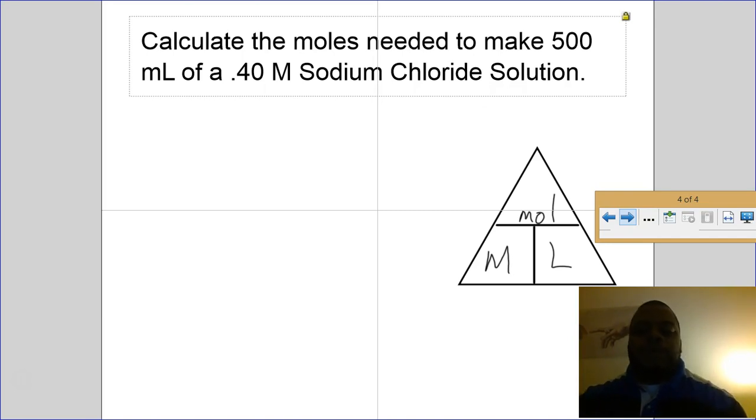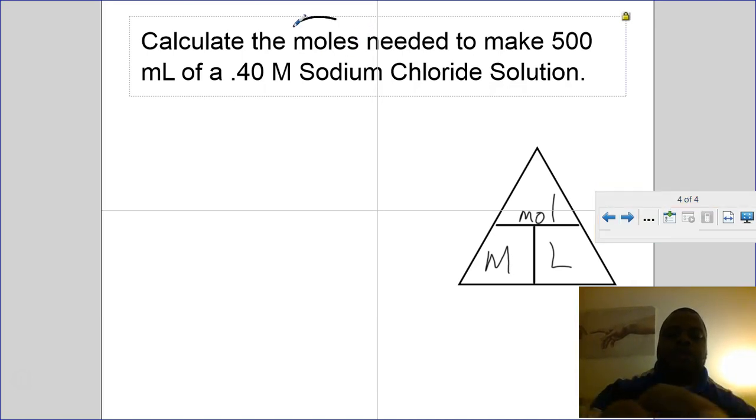So calculate the moles needed to make 500 milliliters of a 0.4 molar solution of sodium chloride. Well, let's do a couple of things. First off, we're looking for moles. So that's up top. We're given a volume and we're given a molarity.